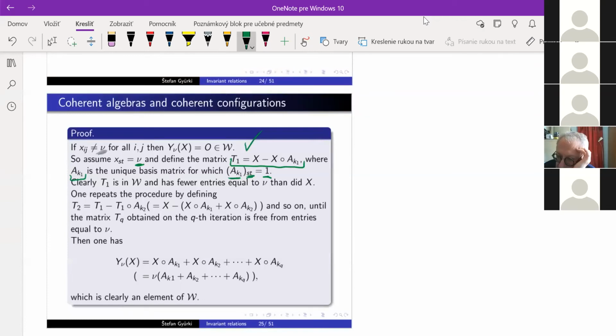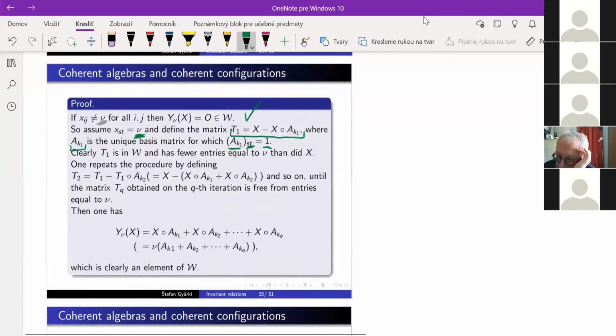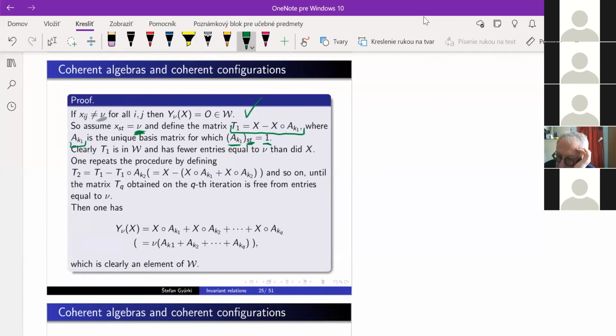Step by step, we can decrease the number of entries having the chosen value, and in a finite number of steps we will come to an end.